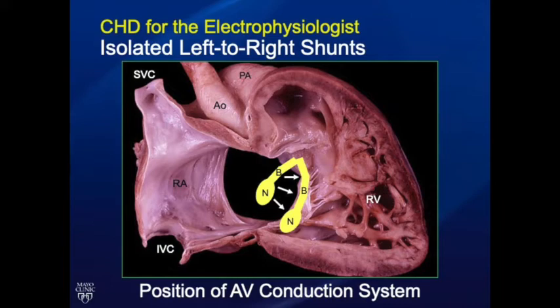Now, its continuation as the penetrating bundle of His, as a result, also has to move, and it stays stuck or very close to the course of the septal leaflet of the tricuspid valve.